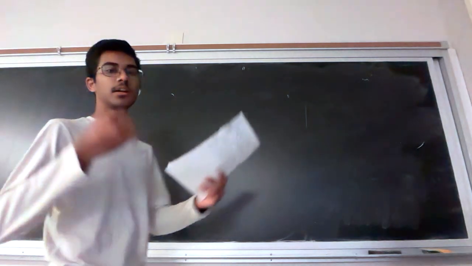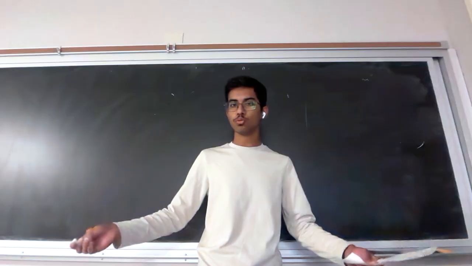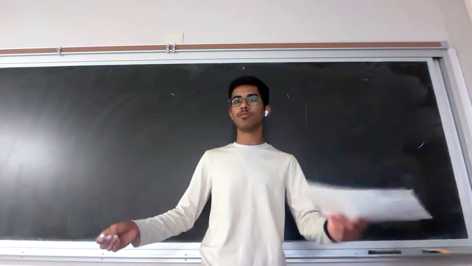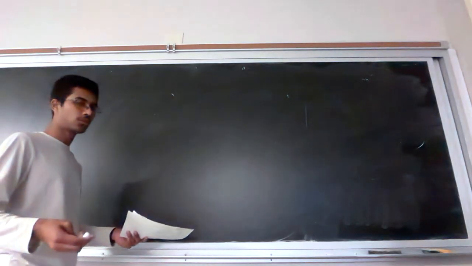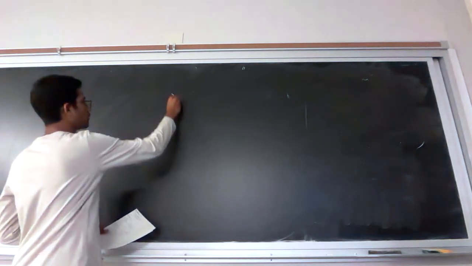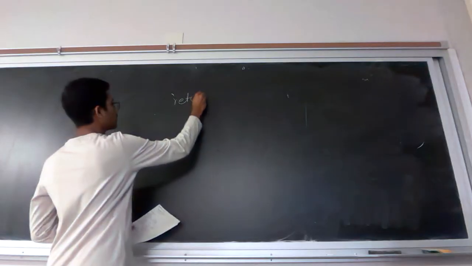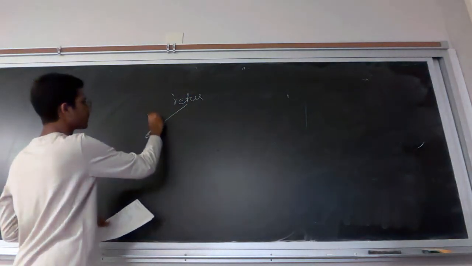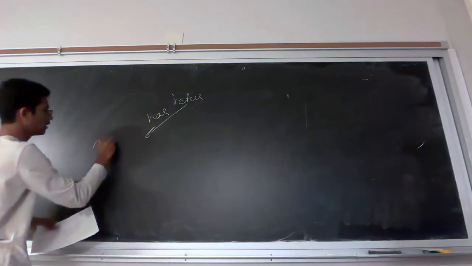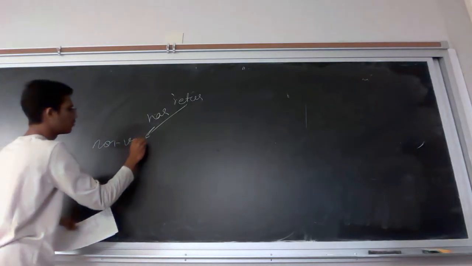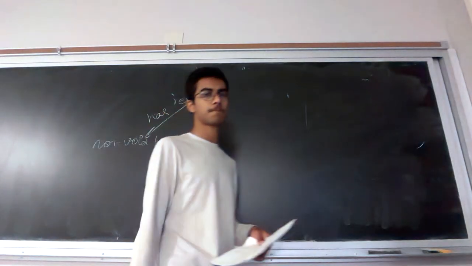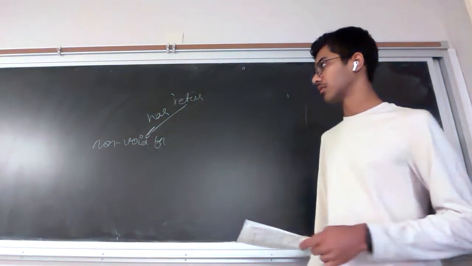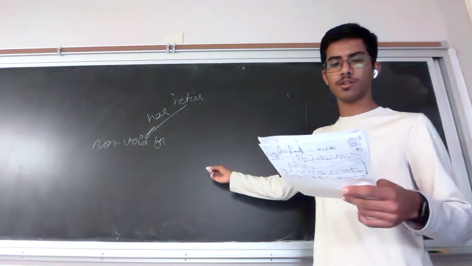But functions are also divided into two types depending on the return statement. What do I mean? Well, if a function has a return statement, it is called a non-void function. Well, what's the definition of a non-void function?